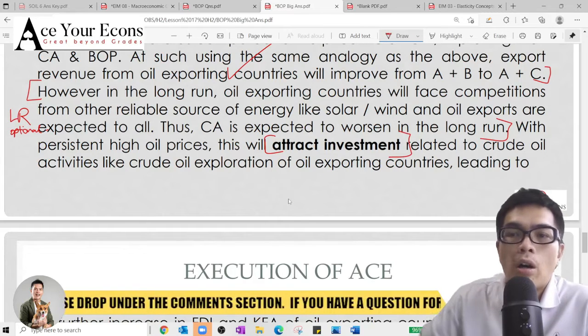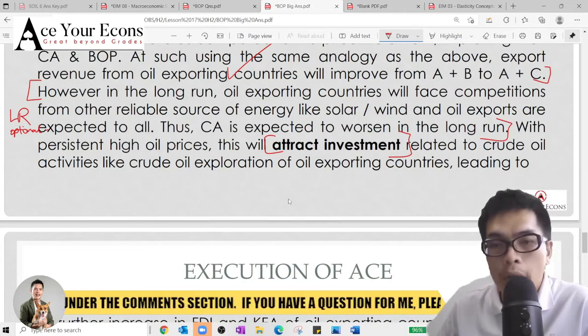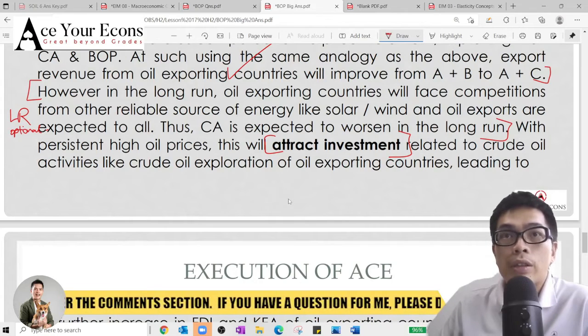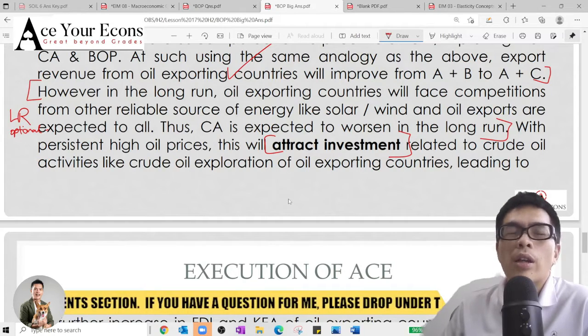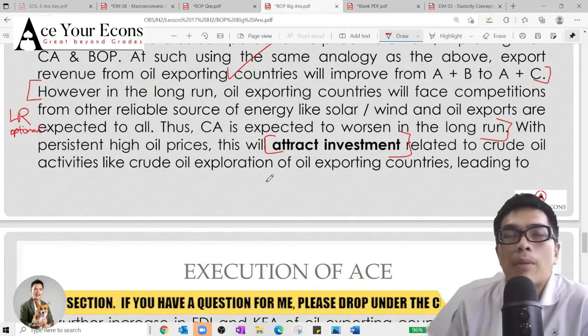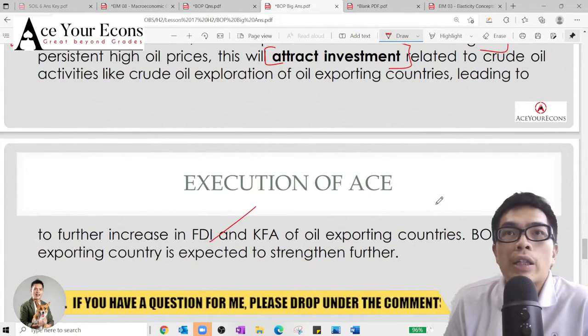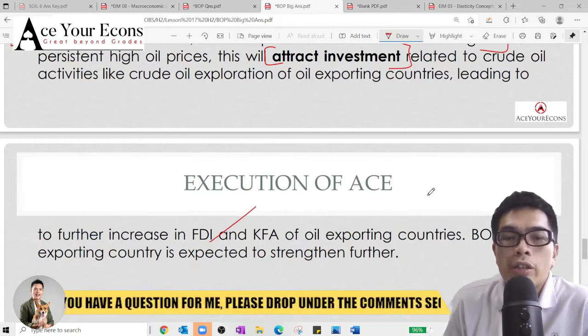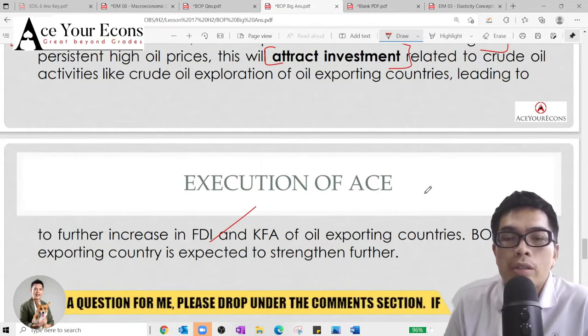There will be more oil exploration, more oil drilling, more oil activities in these countries. Firms like ExxonMobil and BP will invest in these countries and set up oil rigs. This will lead to a strengthening of your capital and financial account due to higher foreign direct investments.